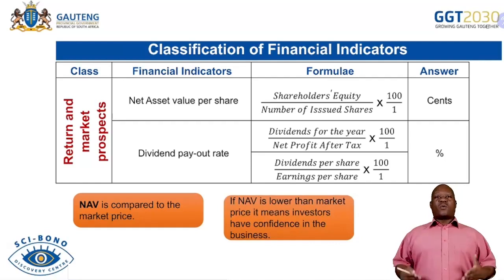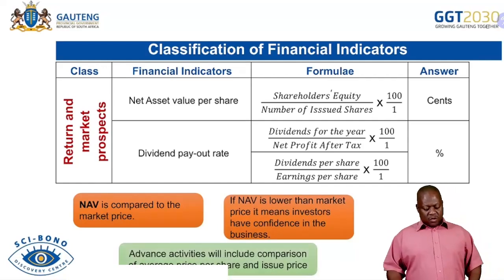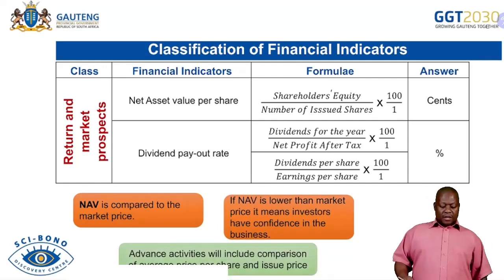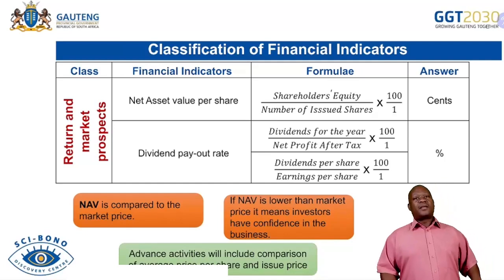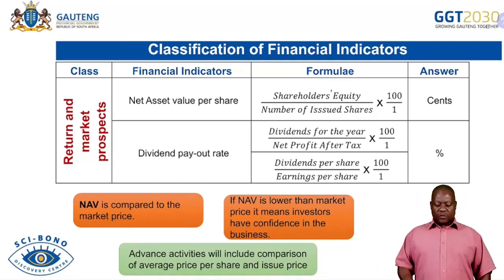It means our shares are in high demand. Now, please always be in a position to see that the activities we are given bring about that notion of comparing the net asset value and the market value.